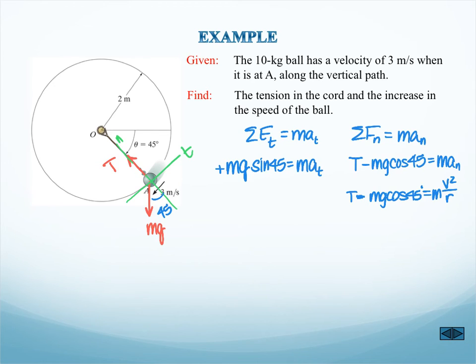So this equation allows us to find the tension, and then this equation will allow us to find the tangential acceleration, which is the increase in the speed of the ball. And so that's how we would approach that problem.